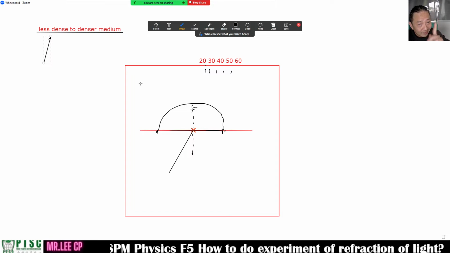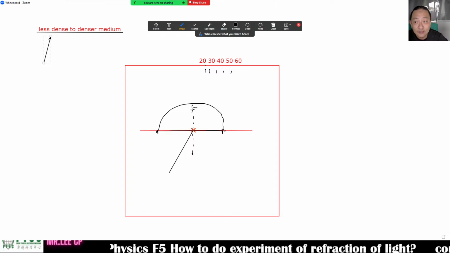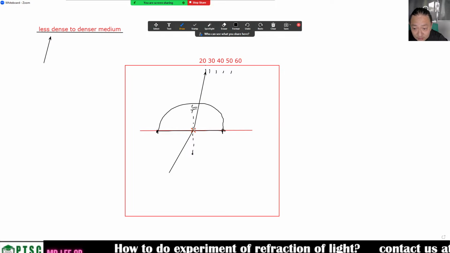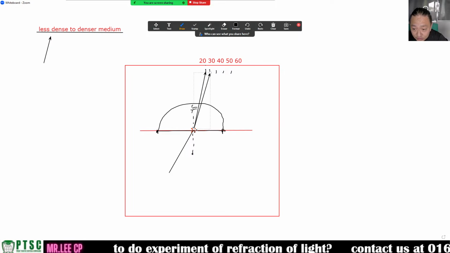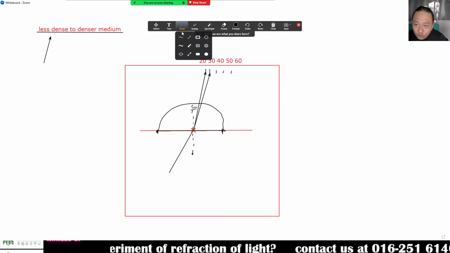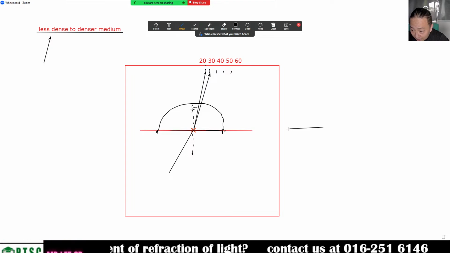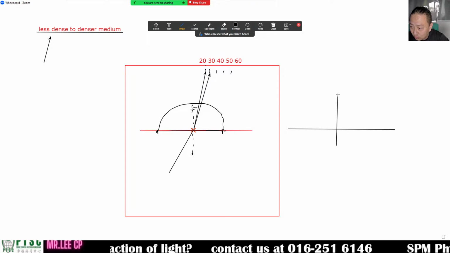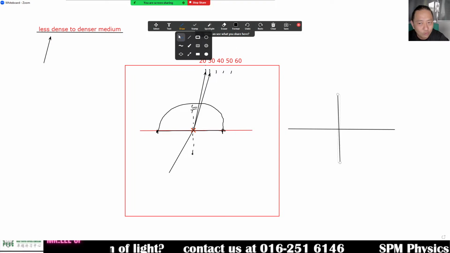If you are going from less dense to denser, right? So you will get your result at here. You measure later, you measure later. Some of you are rajin. I know you are rajin, right? Some of you tell me, cikgu, I'm rajin. Okay, I'm hardworking.